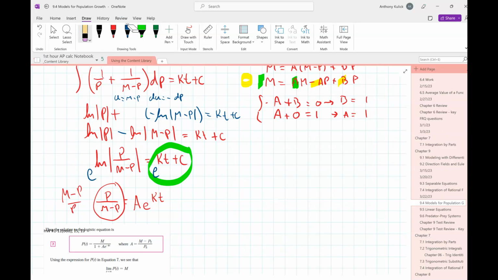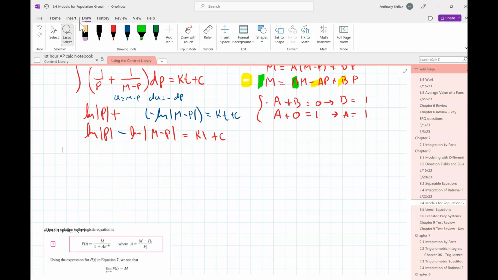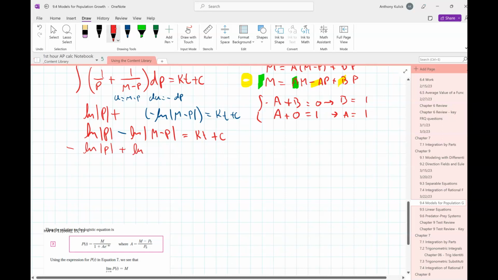But if I backtrack just a skosh, I can get that to come out. So here, if I multiply both sides by -1, I get that. Now when I use my rules for logarithms, the positive part is the numerator, the negative part is the denominator.